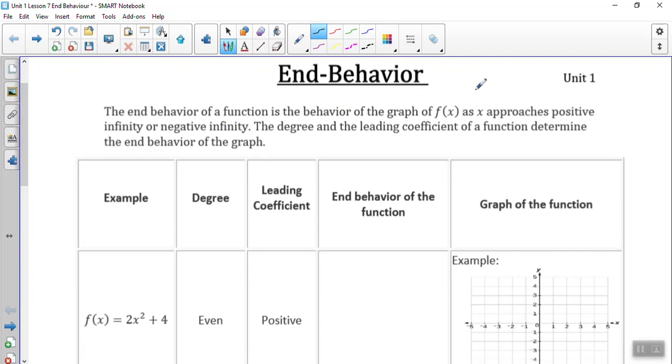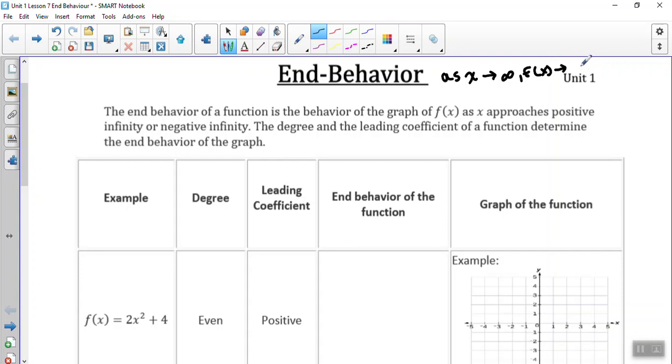Let me just quickly talk about how we notate x approaches positive infinity and x approaches negative infinity. For positive infinity, we write: as x approaches, with a little arrow, the infinity symbol, comma, f of x approaches, and this is where we write our answer.